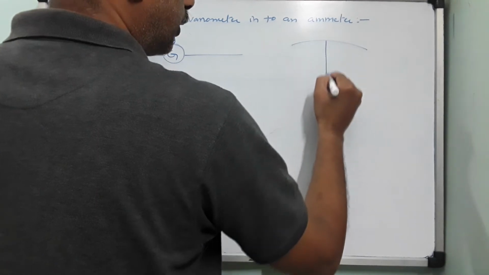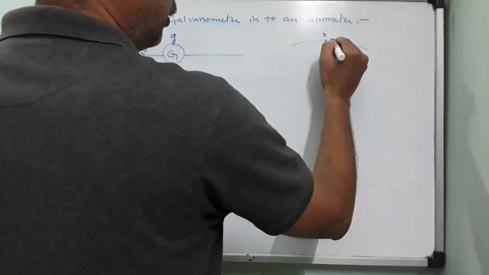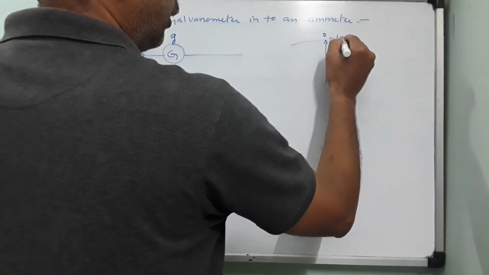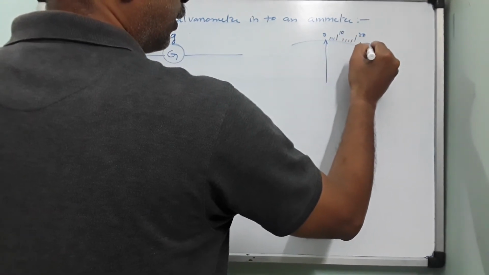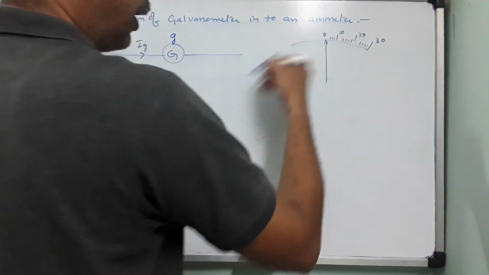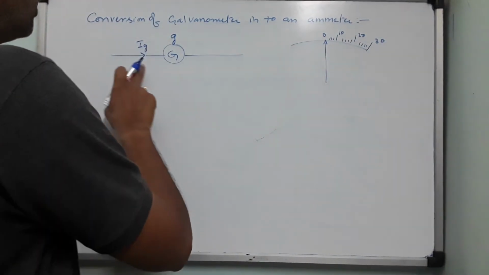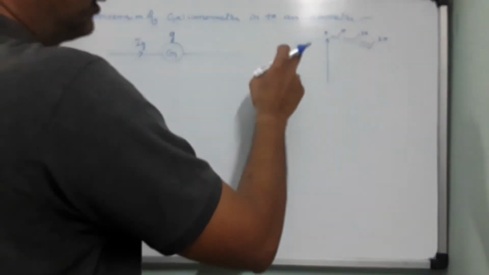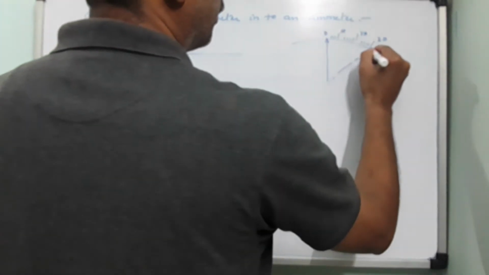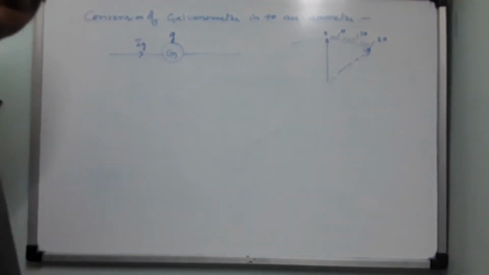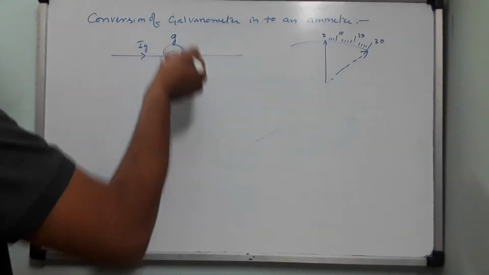This is the pointer, children, and this is the 0. Here 1, 2, 3, 4 is 10, 1, 2, 3, 4 is 20, and here this is 30. This side also it will have 30. So when a current of Ig amperes passes into the galvanometer, it will deflect through 30 divisions. What if I send more current?